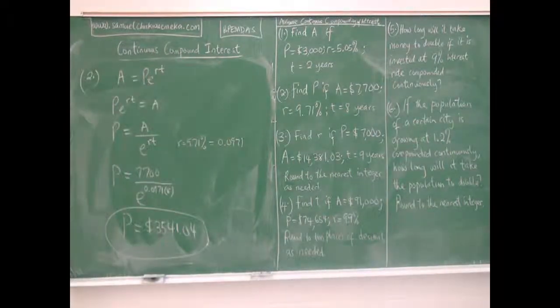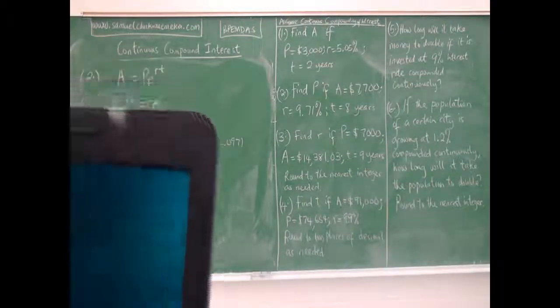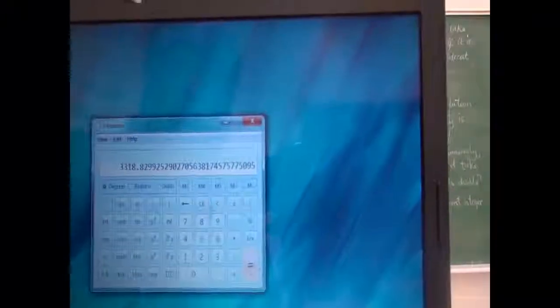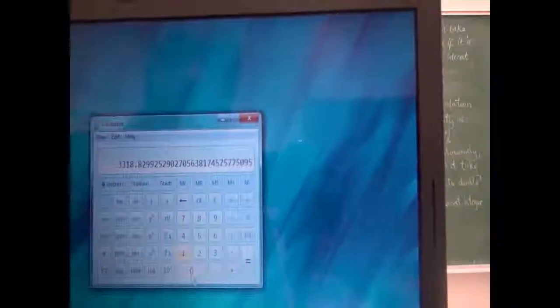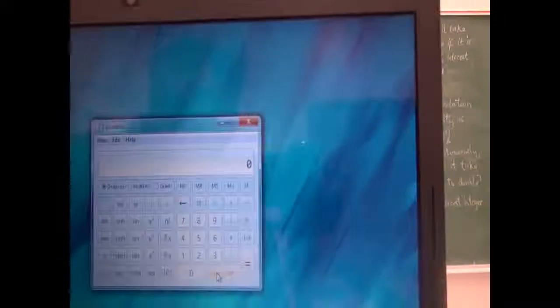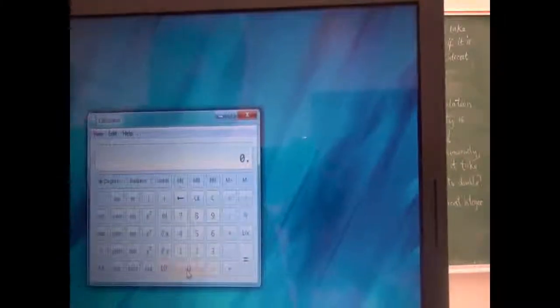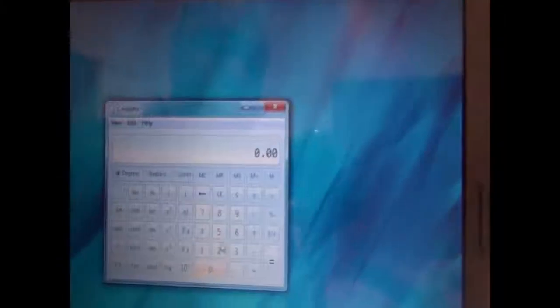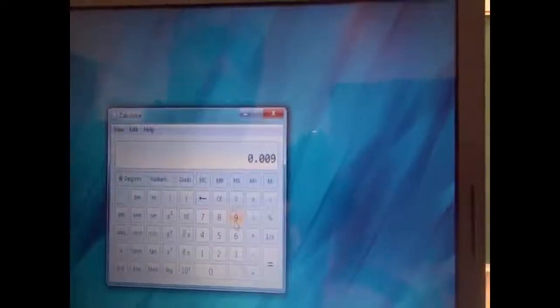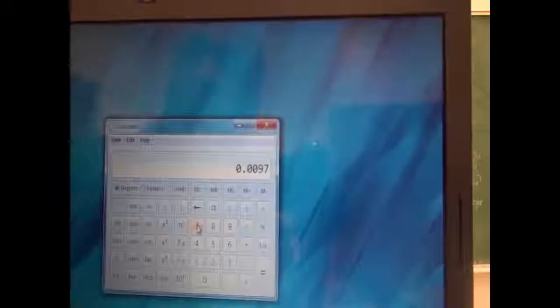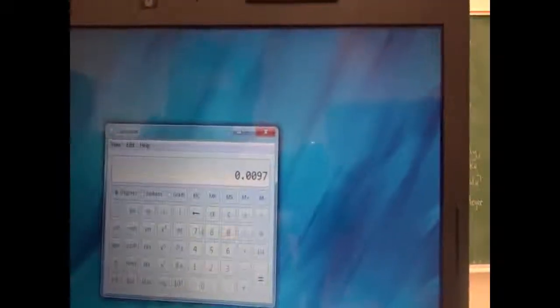So we're going to use the memory. I talked about using the memory in the compound interest video. So first of all, we do 0.0, no, I messed up.